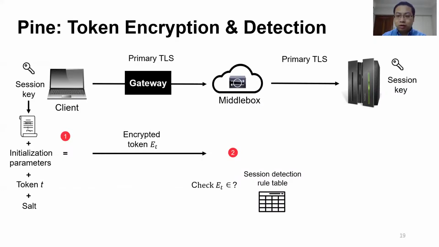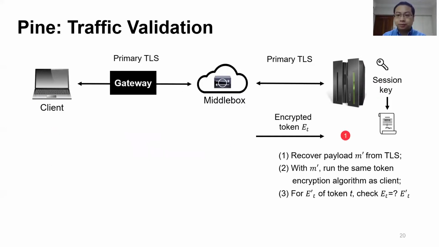The Middlebox receives the encrypted tokens and performs matching over the encrypted rules table generated in previous phases. If any encrypted rules match, the Middlebox takes some action, for example, drop a message or alert the server. Once the traffic arrives at the server side, the server will run the token validation algorithm to check the traffic.